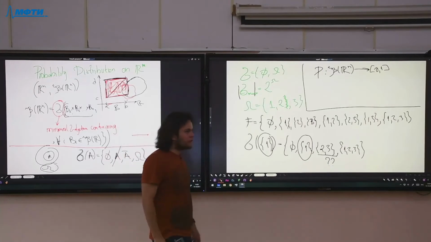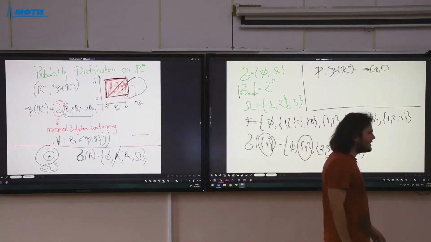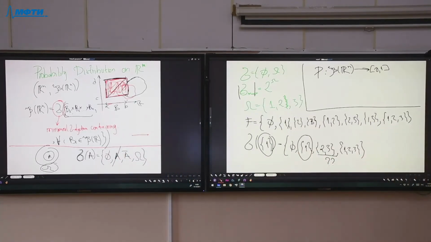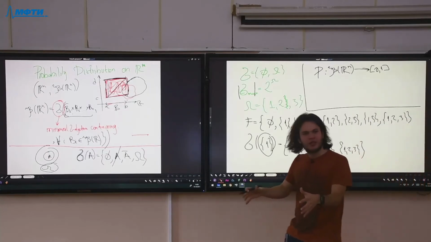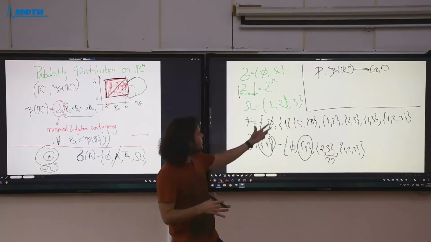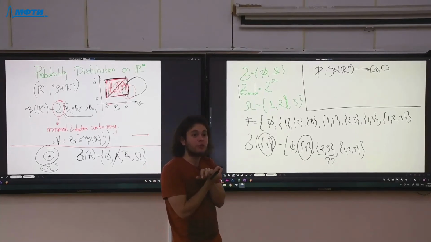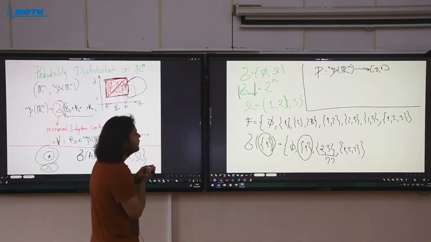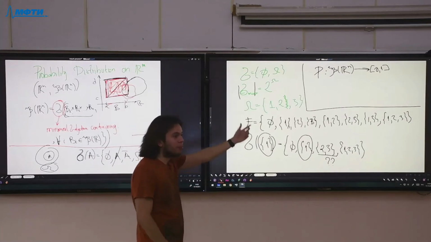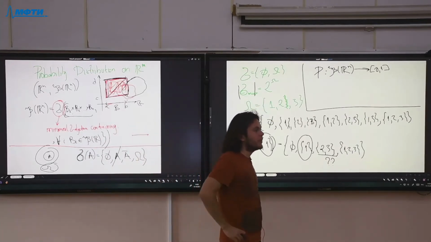So instead of taking all the possible open intervals, we are going to take all the possible shapes, figures, volumes that we can have on the space. And for each of them, we are going to give a probability, a number from 0 to 1.